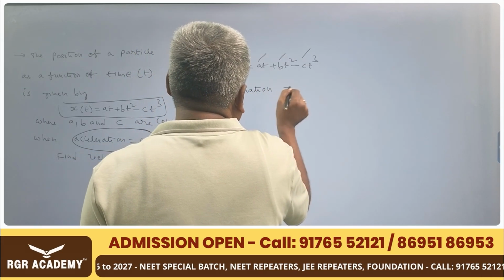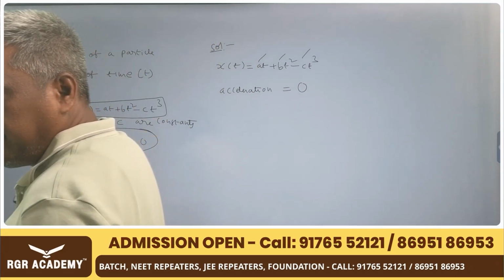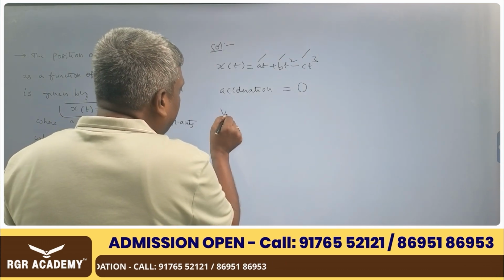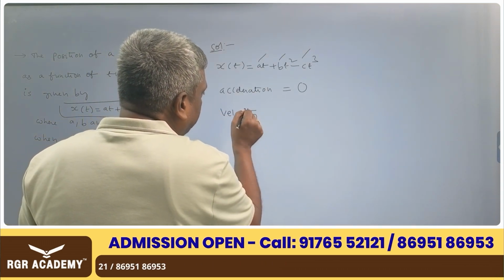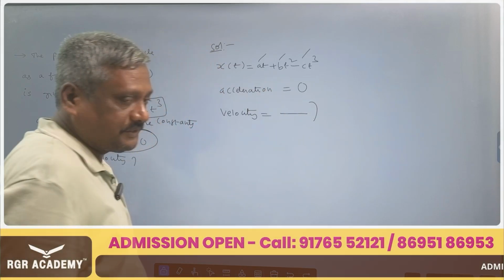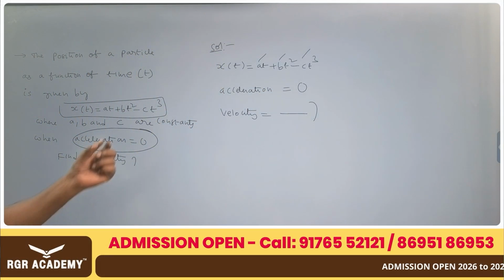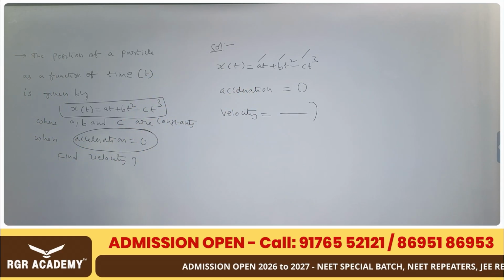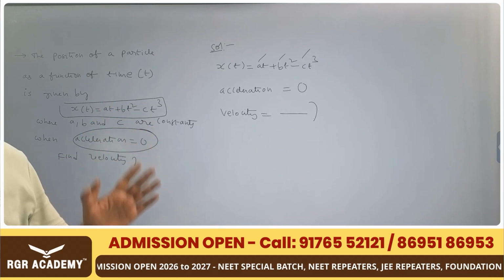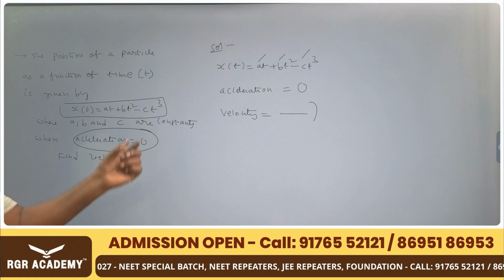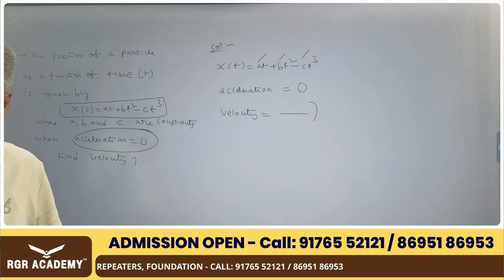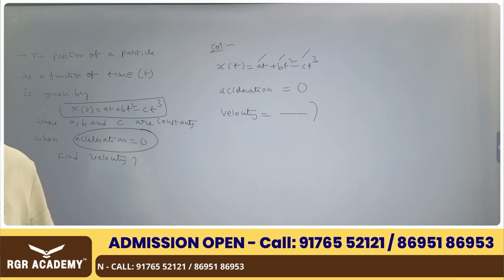When acceleration is equal to 0, we have to calculate how much the velocity becomes. From distance travelled or the position of a particle, it is not possible to calculate velocity directly. If you differentiate once, you get velocity first. Differentiate a second time, then you get acceleration from that.